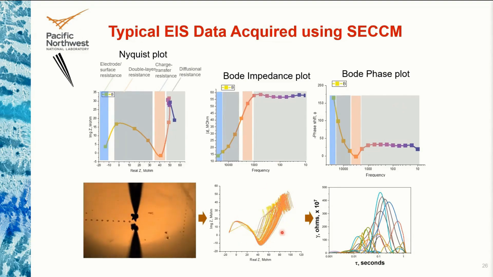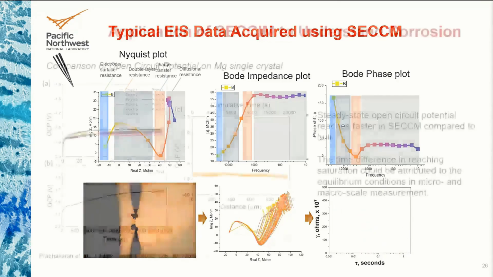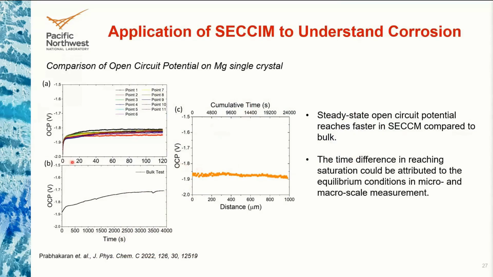And after you get this type of basic EIS response, you can use the algorithm using pyDRT tools or other tools to convert that into the DRT plots. And you can analyze the DRT plot to establish the different components of it.